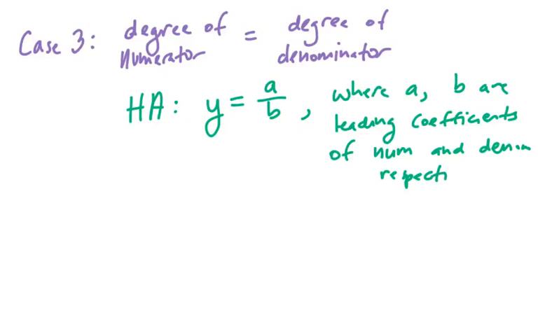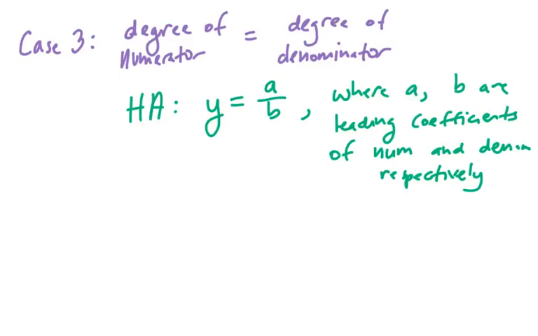That's a little wordy, so the example will clarify. We're basically just going to be stealing the coefficients from the numerator and denominator when the degree of the numerator is equal to the degree of the denominator.